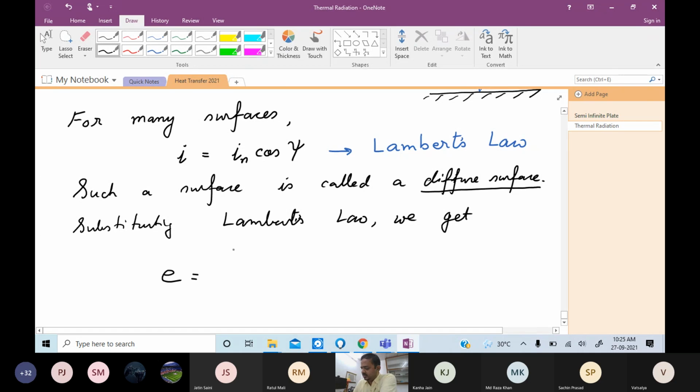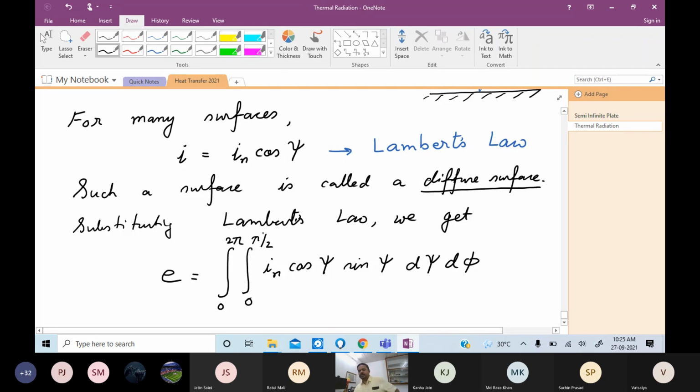E is the double integral of I_N cos psi sin psi d psi d phi, where psi goes from 0 to pi by 2, phi goes from 0 to 2 pi. Okay.